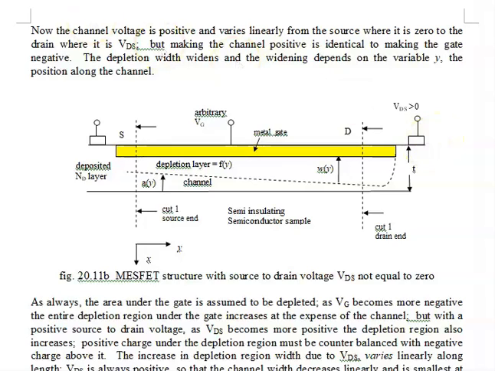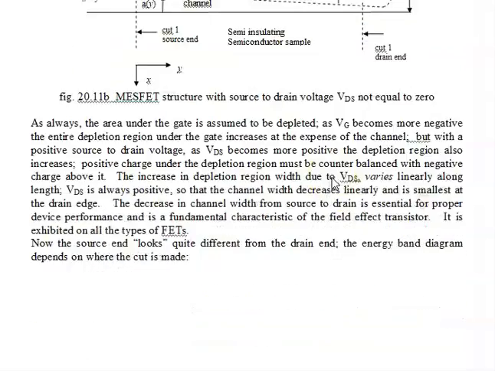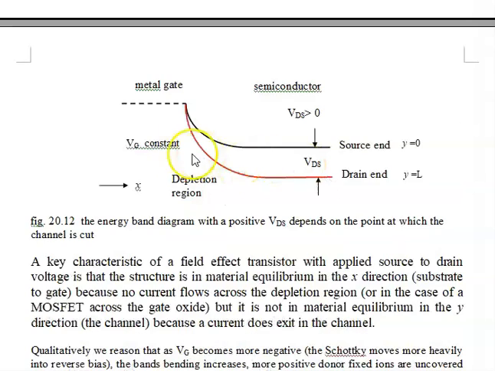So now, if I want to draw the energy band diagram, it depends on where I cut. If I cut here, I've got a relatively large conductive channel and a small depletion region. If I cut way back over here, shown in this part, I've got a very narrow conductive channel and I have a large depletion region width, and that is shown here.